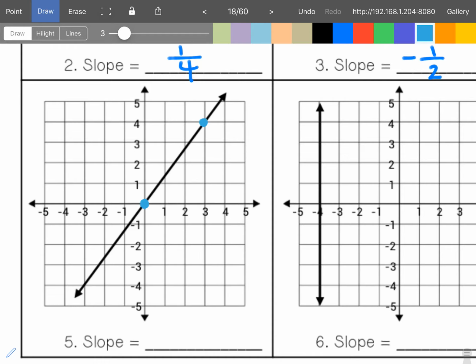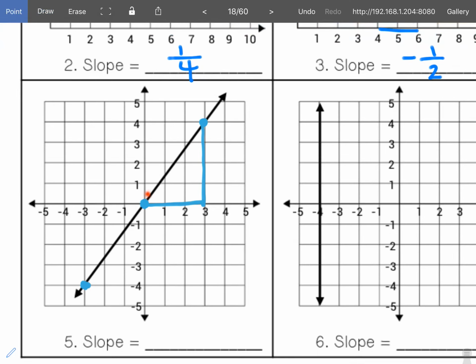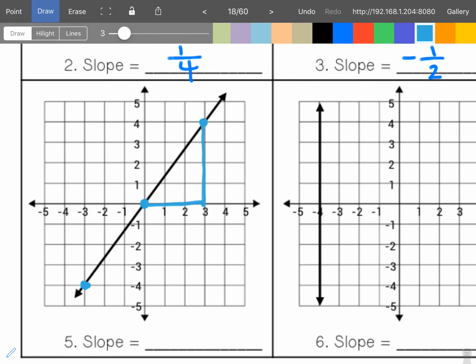And really we only need 2, but do you see another one? Right here's another one. Okay, and then I'm going to make my triangle, and it doesn't really matter if you make it on the bottom or if you went this way, that wouldn't matter. It doesn't really matter.